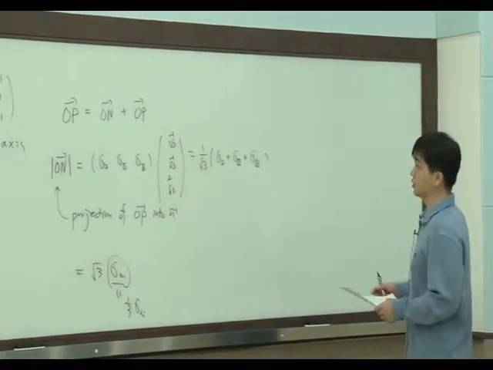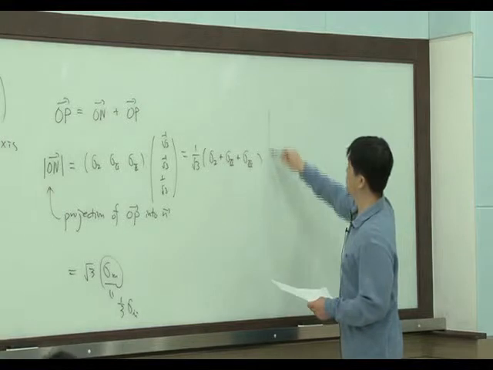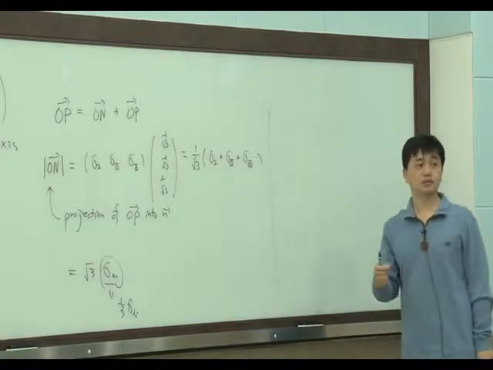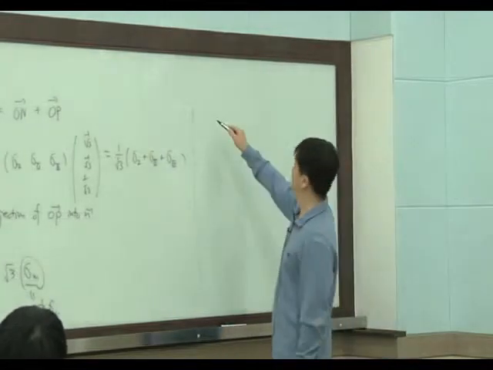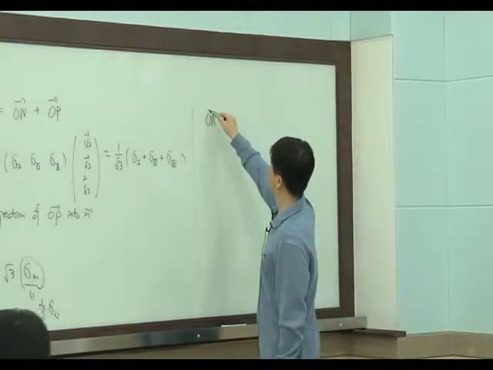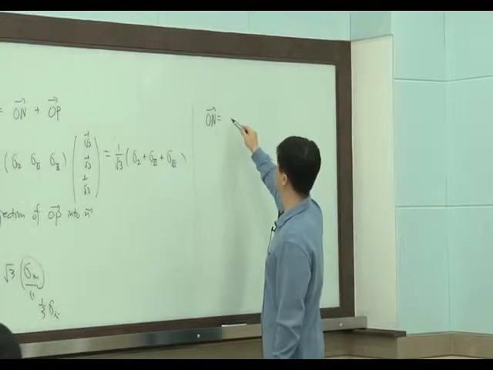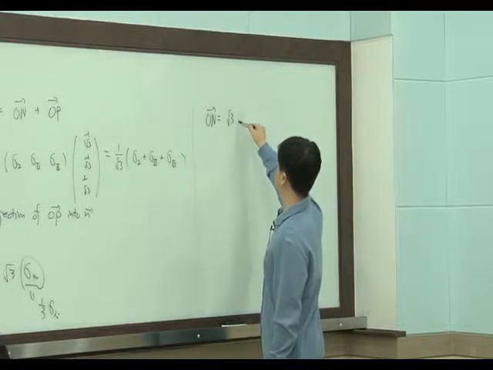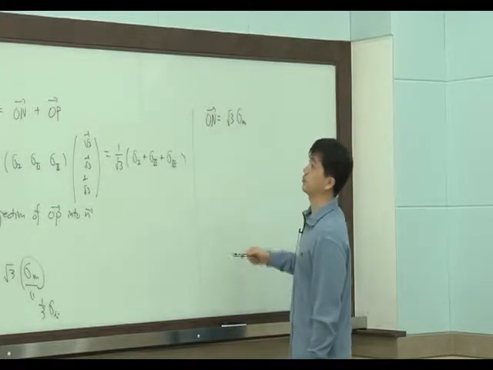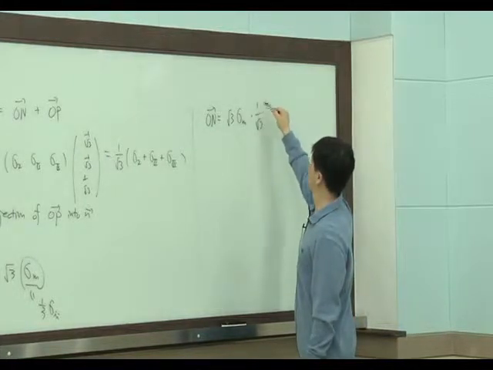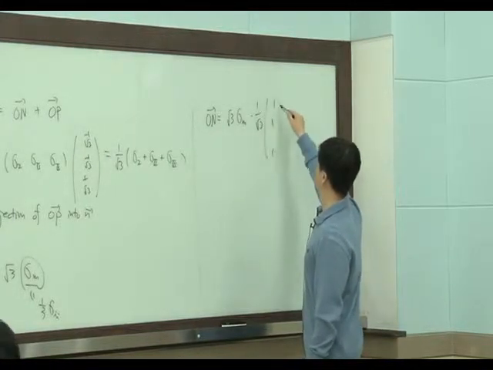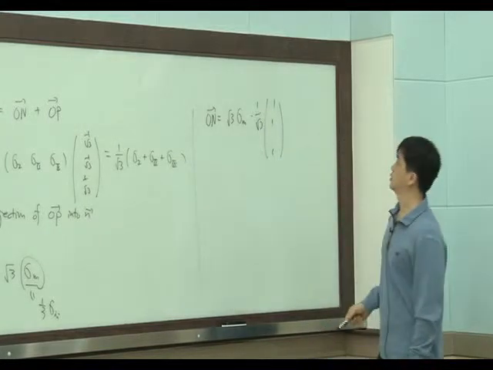And vector ON. Since we know the magnitude and direction of vector ON, we can find ON equals root 3 sigma m times 1, 1, 1 over root 3, right?